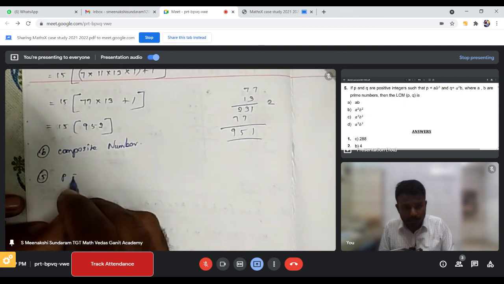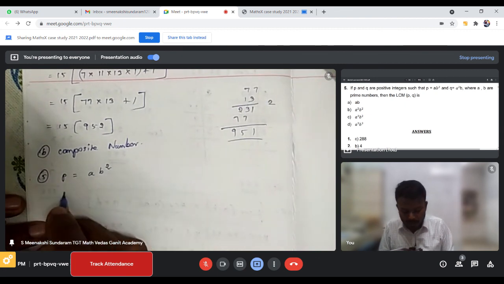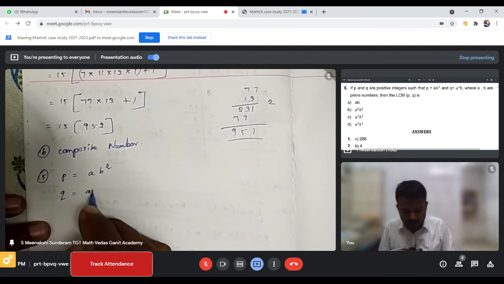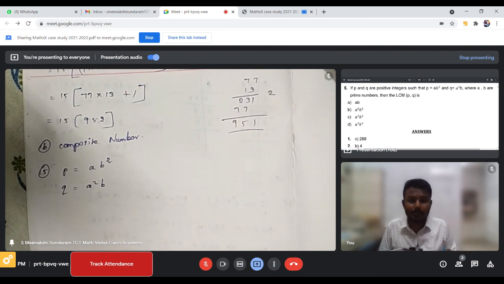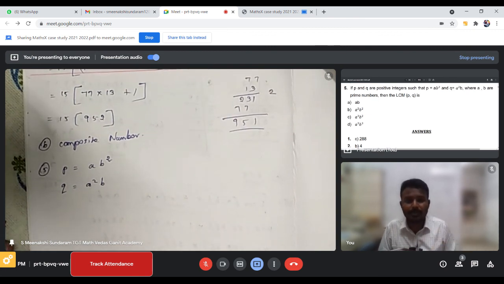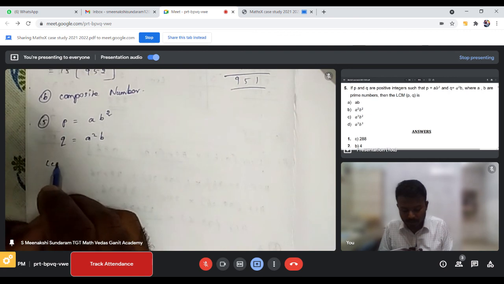P is equal to A B squared, then Q is equal to A squared B. They said A and B are prime numbers, so these are the prime factors. P is expressed as a product of primes and Q is also expressed as a product of primes. So I need to find the LCM. It is very easy.